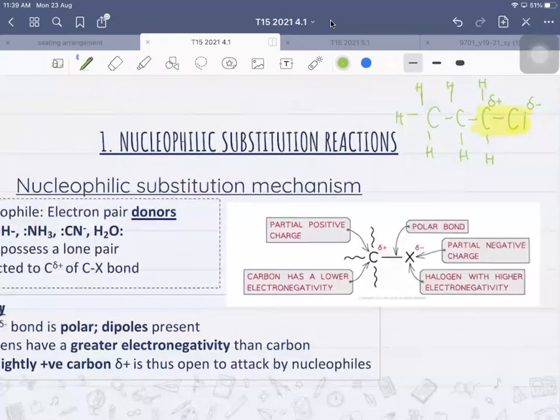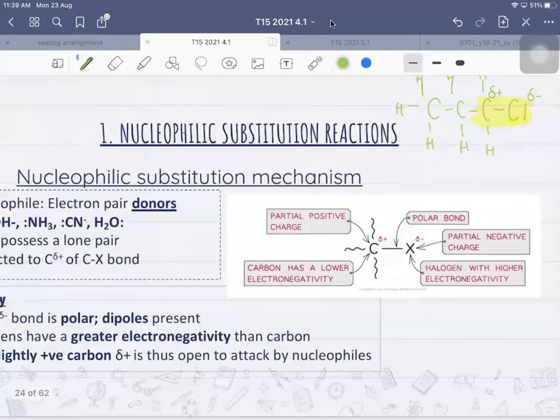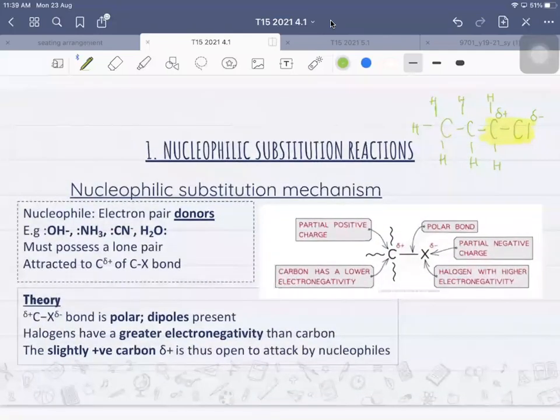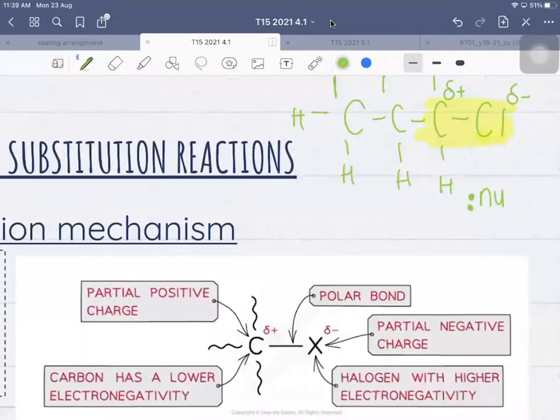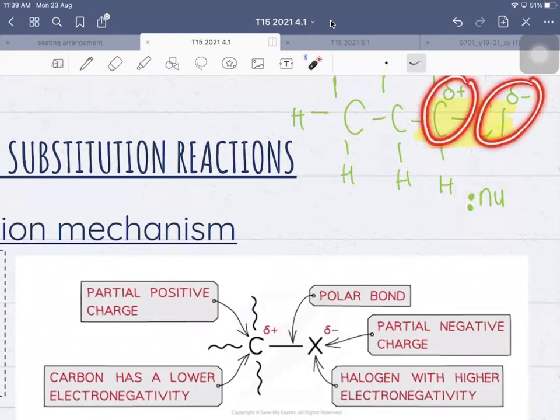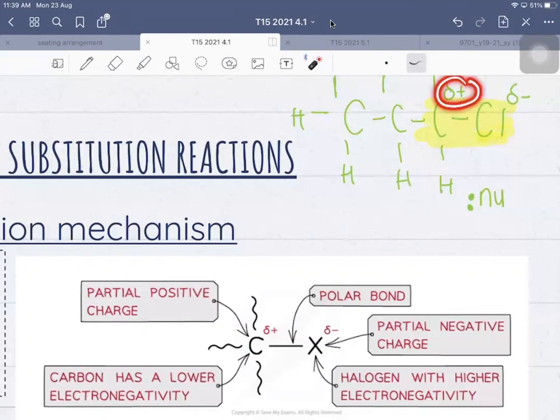So what happens when you have a nucleophile with a lone pair of electrons? This nucleophile may be negatively charged or neutral, as long as it has that lone pair of electrons. A nucleophile is usually an electron-rich species, and electron-rich species will attract electron-poor species. Between delta plus and delta minus, obviously delta plus is electron-poor.